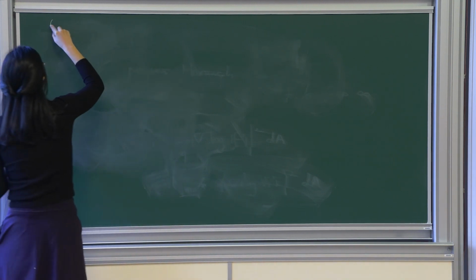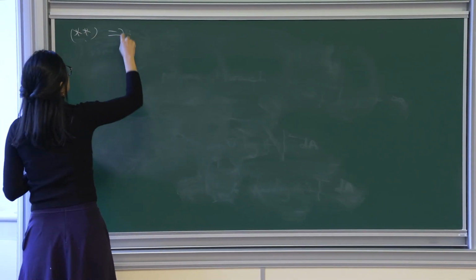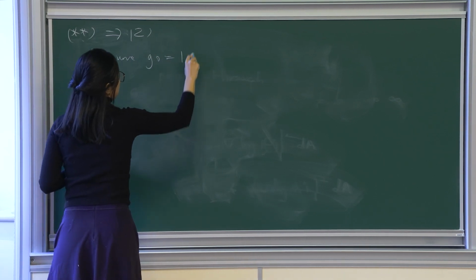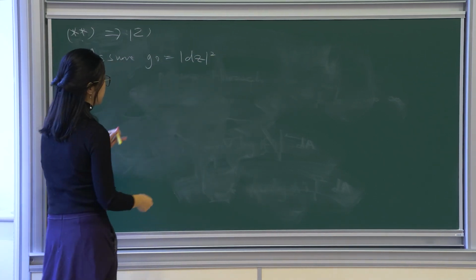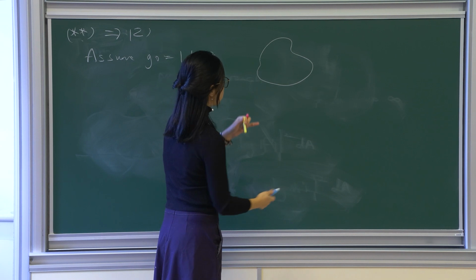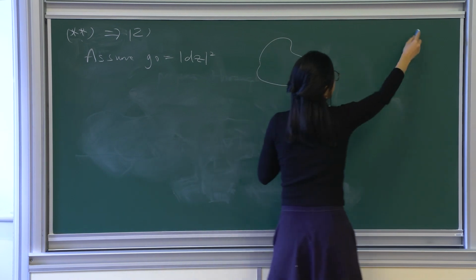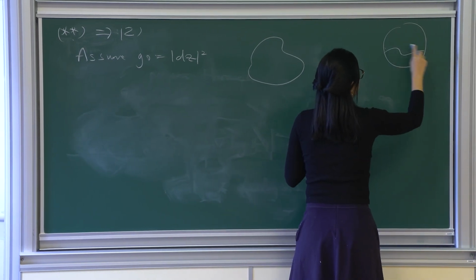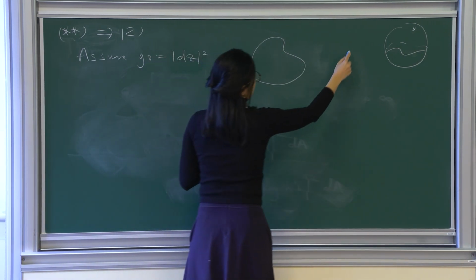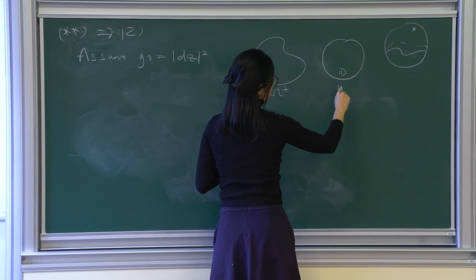Again, we assume that G naught is, let me just say, assume G naught is the dz square, but now my curve is embedded in the complex plane. Like now infinity is somewhere else. Or in the sphere picture, you just now put infinity here. And this is my disk. This is omega, omega star, d star.